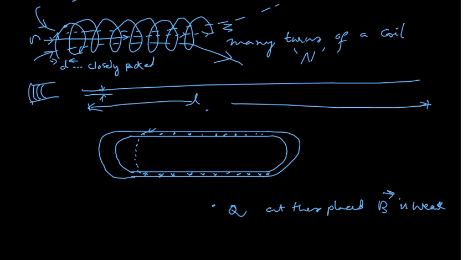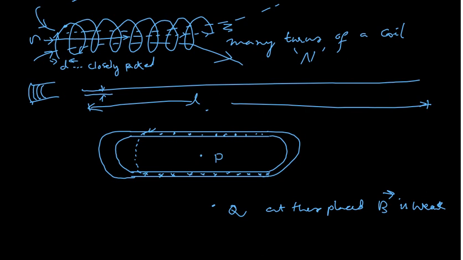We are trying to find the field at some point P inside. The field outside the solenoid of course is 0, and we shall assume that. The field inside is everywhere parallel to the axis.